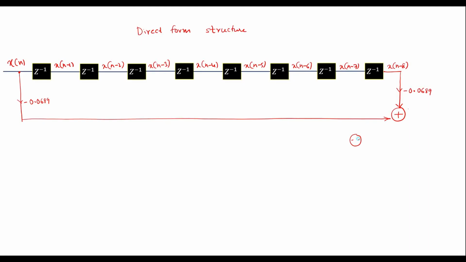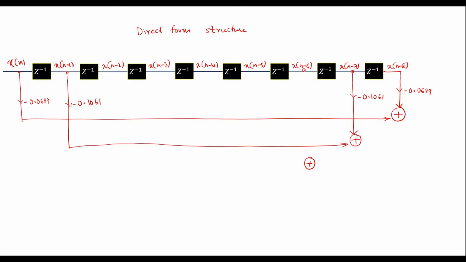So here I can add those two. You can connect it like this. Minus 0.1061. Here also it is minus 0.1061. Similarly, x of n minus 2 and x of n minus 6 coefficients are same. This is x of n minus 6, and here we have x of n minus 2.